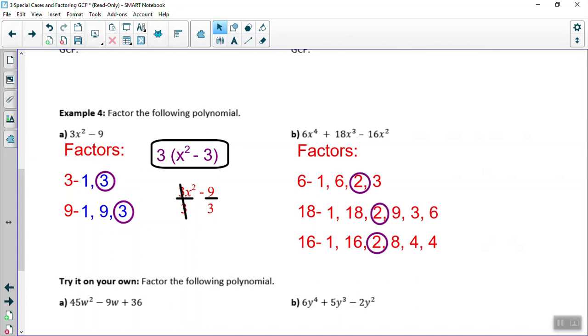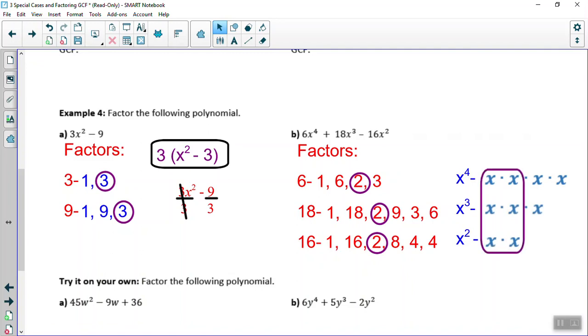We also need to pay attention because every term has the x's. So x to the 4th, x to the 3rd, and x squared. What do they have all the same? Well, we have to go to the one with the smallest exponent because that's the maximum number we can include in that group.